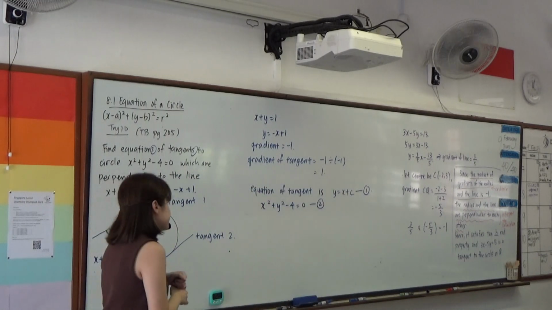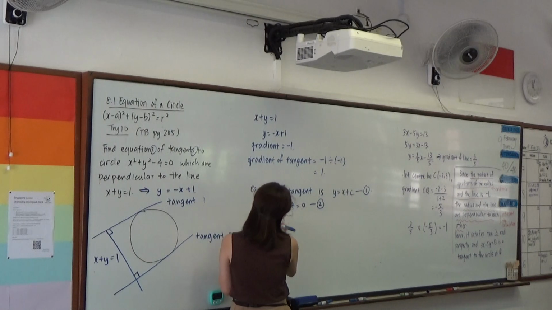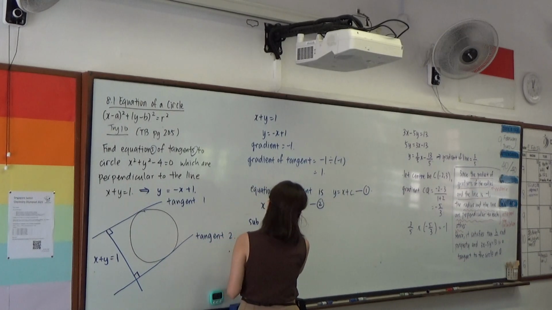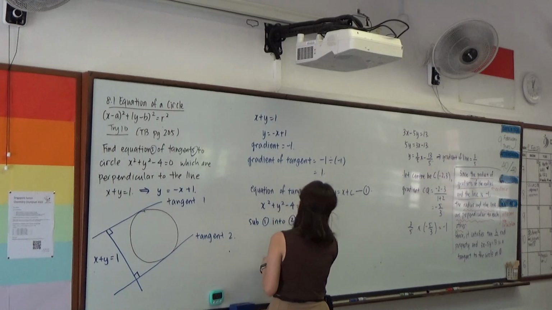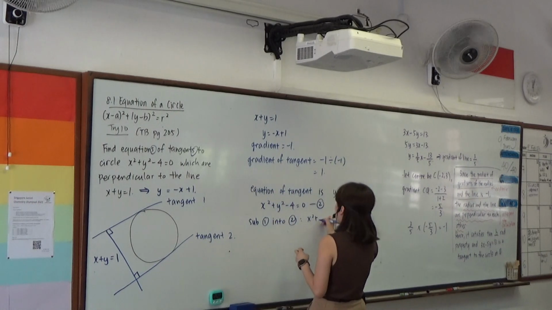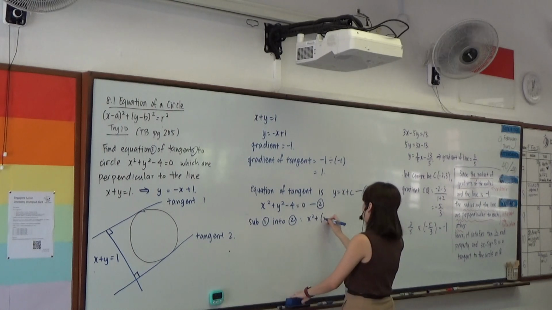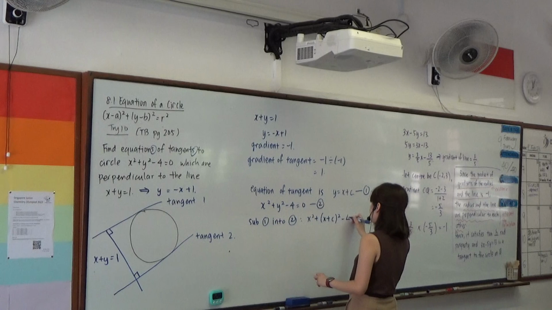Then we sub in 1 into 2. Hence we have x squared plus (x plus c) squared minus 4 equals to 0.